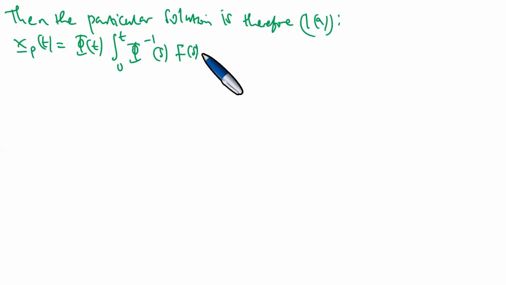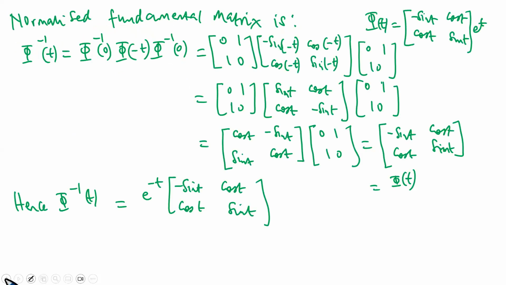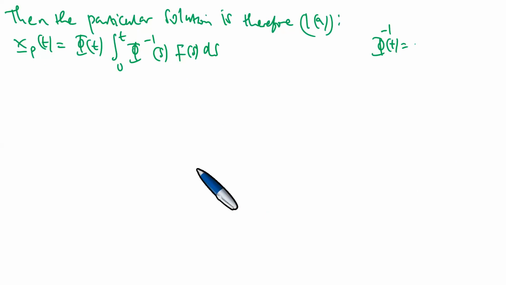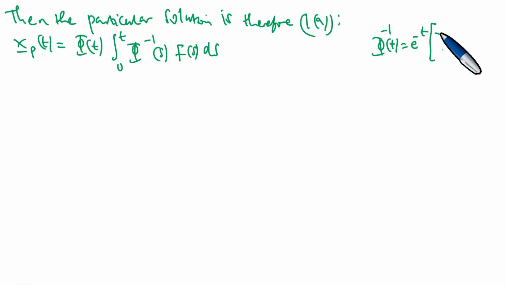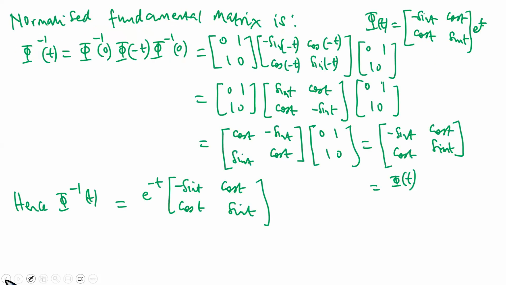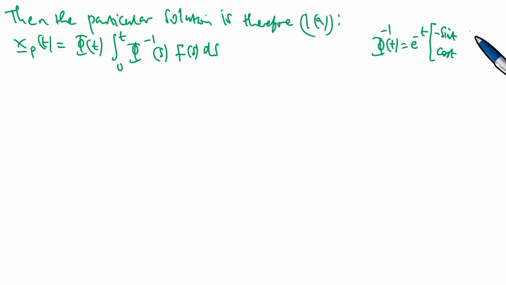F inverse ds. Okay. We recall that phi inverse of t is e to the minus t, minus sine t cos t, cosine t sine t. xp of t, phi of t.